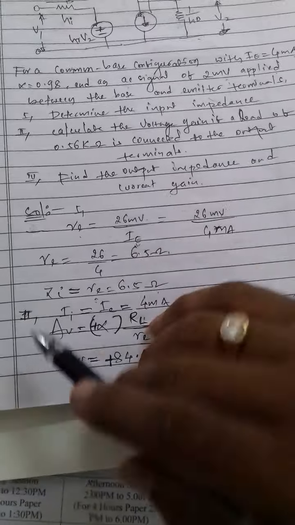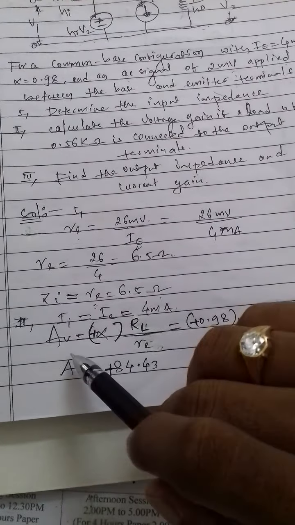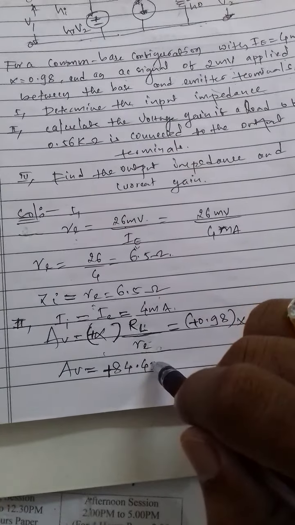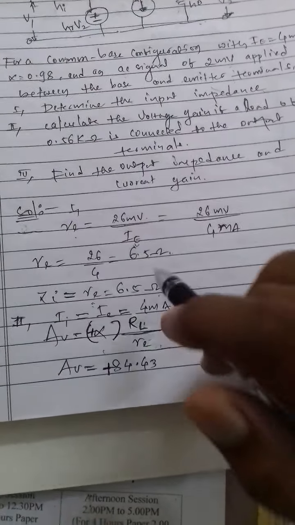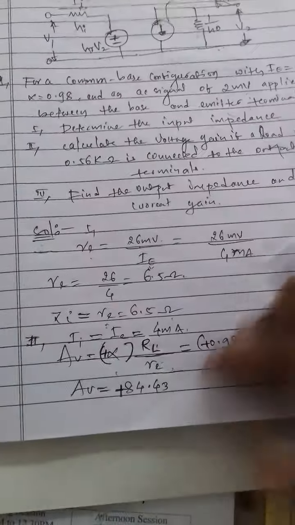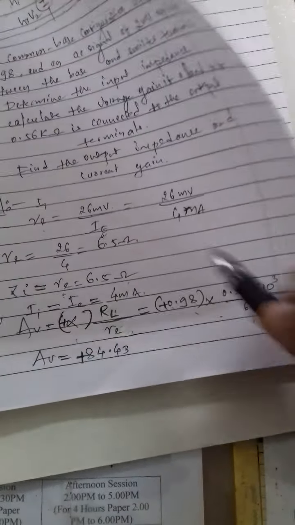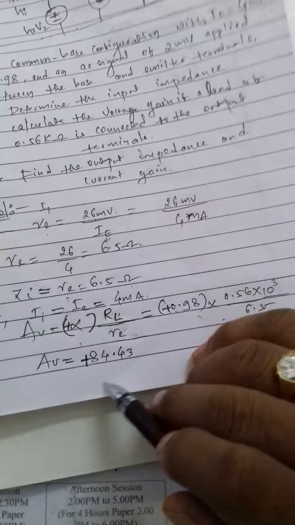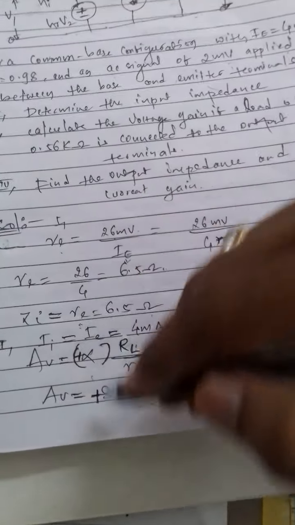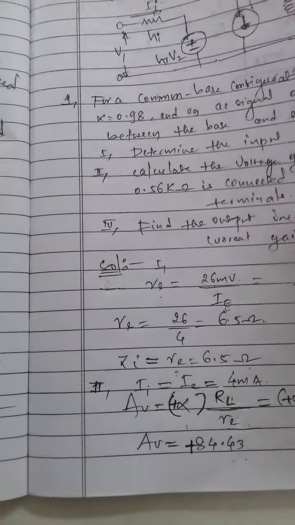Now the voltage gain is equal to alpha RL upon re, that is the equation which you have determined. Alpha is equal to 0.98, and from that, the voltage gain is equal to 84.43. That is the voltage gain for the transistor under the common base configuration using the re model.